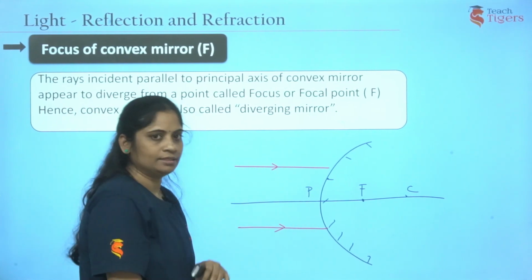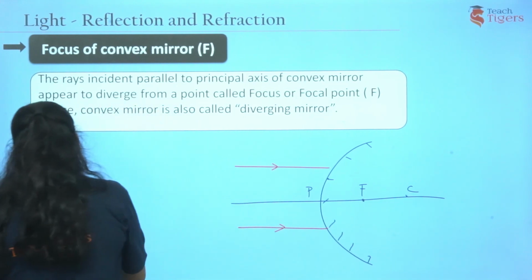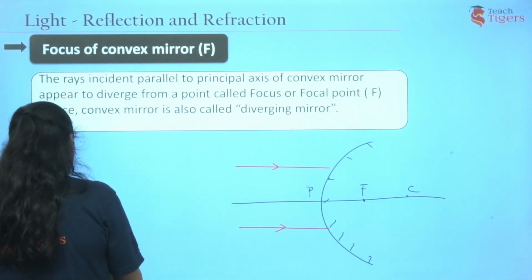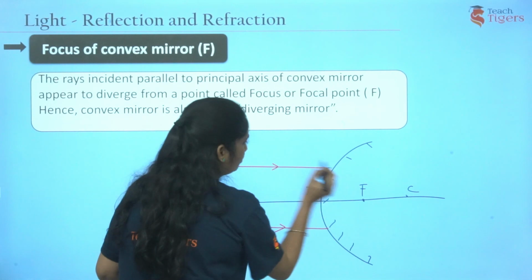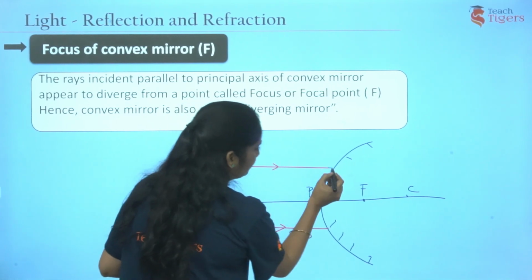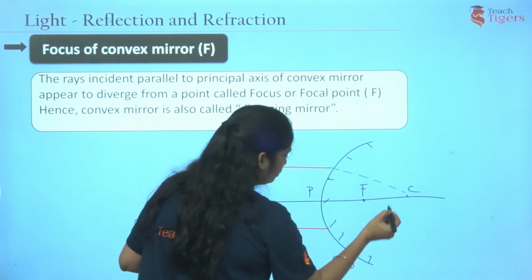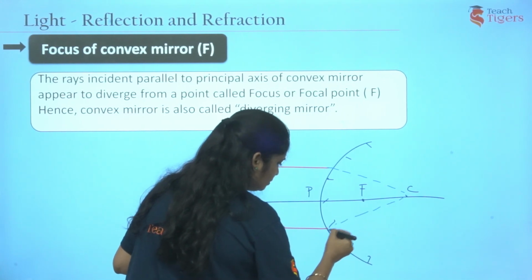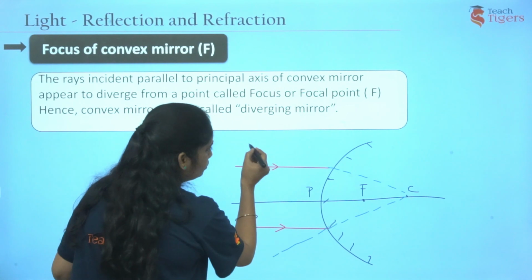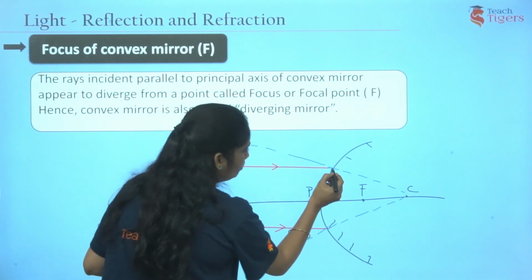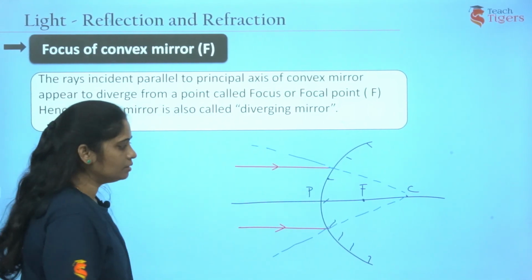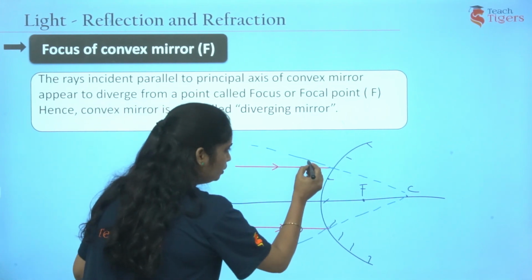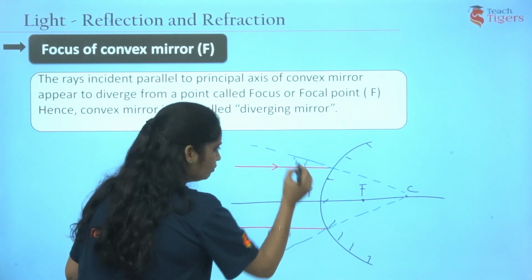When parallel rays are incident, after that we know we have to draw the normal. So how is the normal? The normal is always a line passing through the center of curvature. So it is a line through the center of curvature to the point of incidence. So this is the normal. When you know the normal, you will know the angle of incidence.